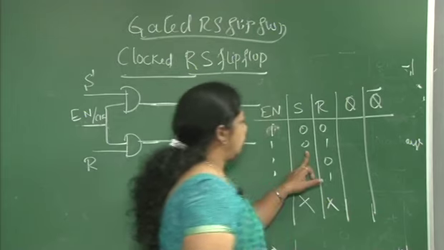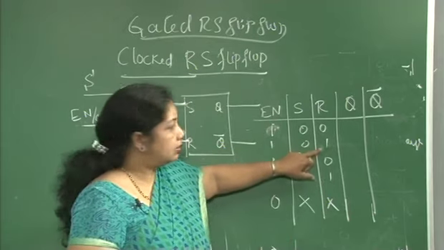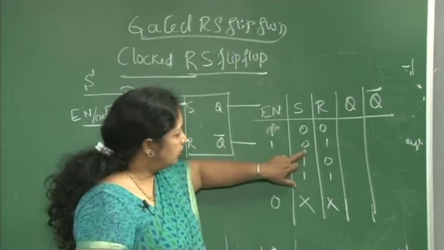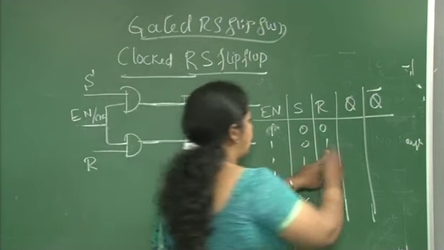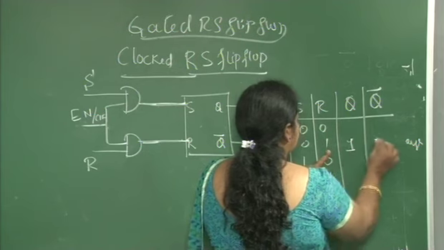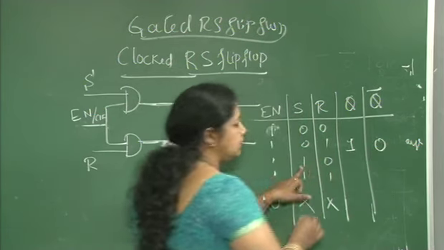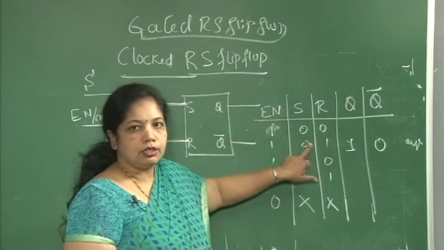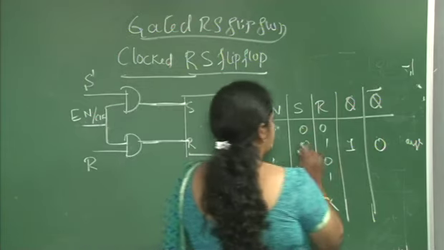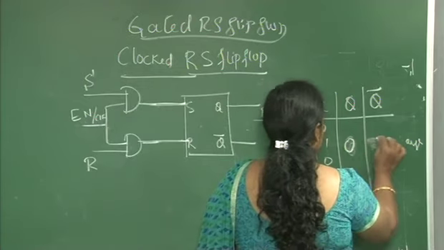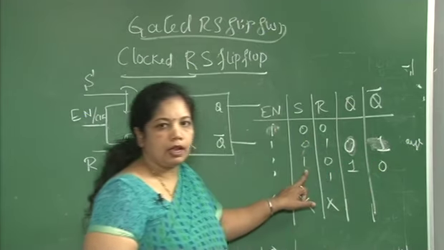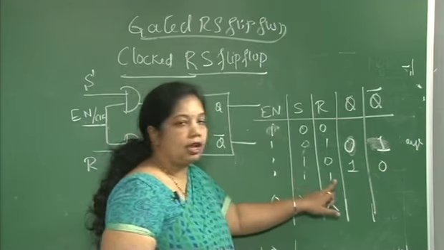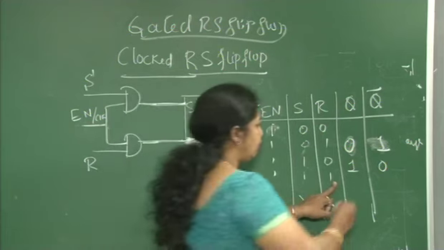As we discussed in the previous session, when S is 0 and R is 1, we have the reset condition; S is 1 and R is 0 is the set condition; and when S and R both are 1, we have the forbidden condition.